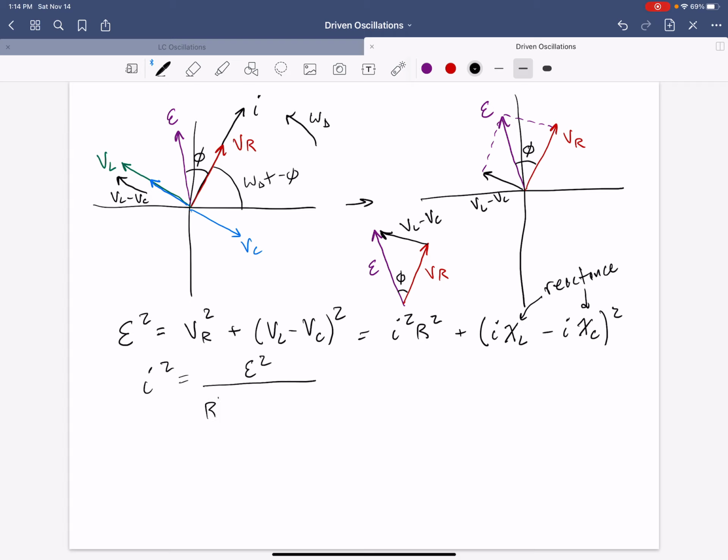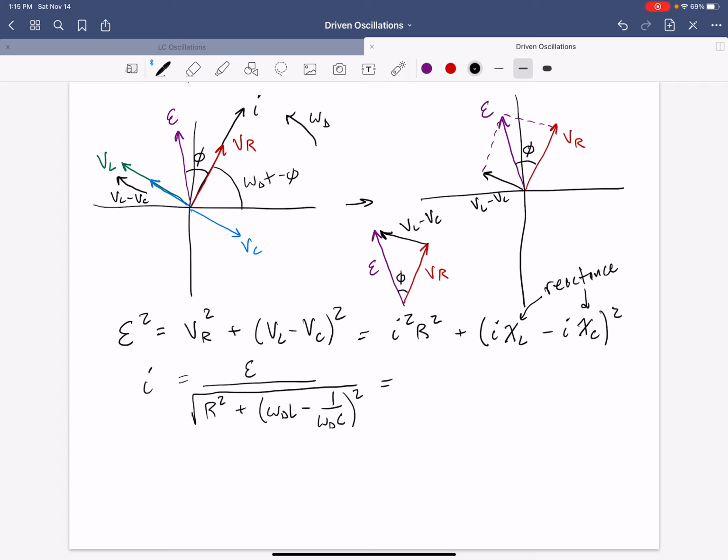So we have to take all that and divide it through. Remember that chi sub L was equal to omega times L, and chi C was 1 over omega C. That's squared. And now to get the value for the current, we just take the square root of both sides. Actually, E goes away too. And this is our expression for the current.